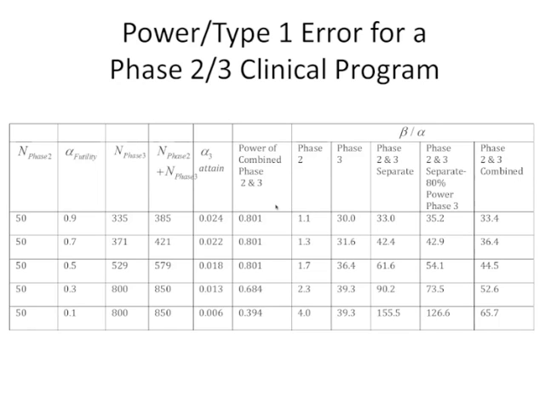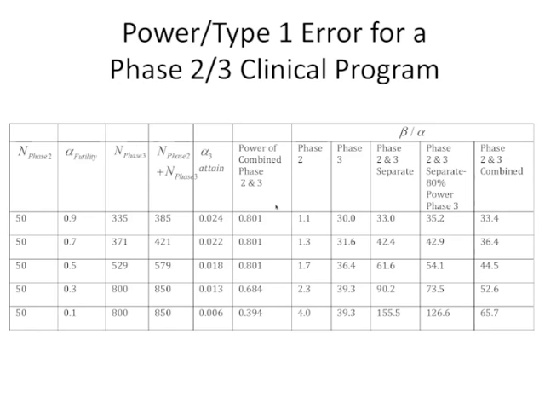As the threshold for passing to phase 3 becomes more strict, the ratio of power to type 1 error increases. This threshold is presented in the second column of the table. It's labeled alpha futility. And the ratio of power to type 1 error that we're going to look at initially is in the last column of the table, and that's denoted by phase 2 and 3 combined.